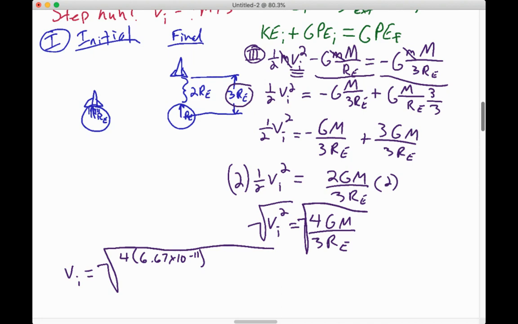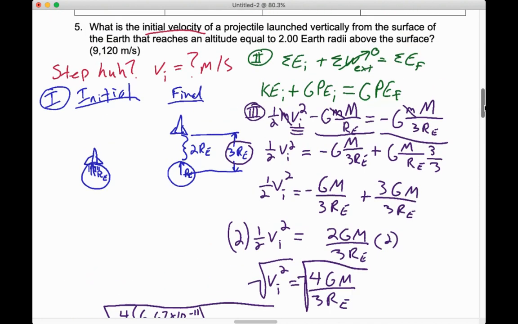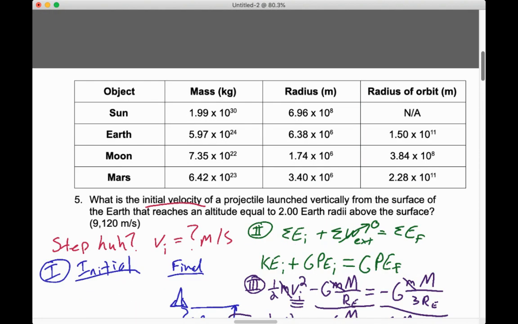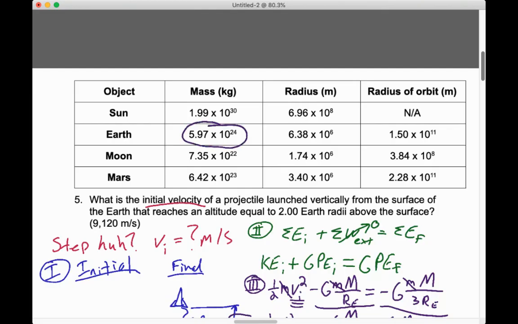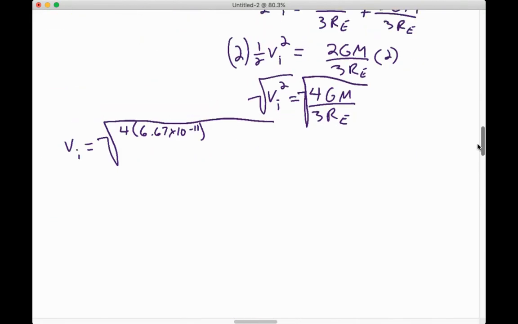So what's the mass of the Earth? Let's scroll up a little bit. The mass of the Earth is this guy right here, 5.97 times 10 to the 24th kilograms.